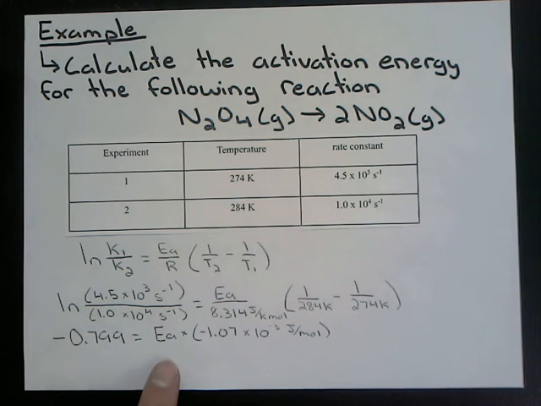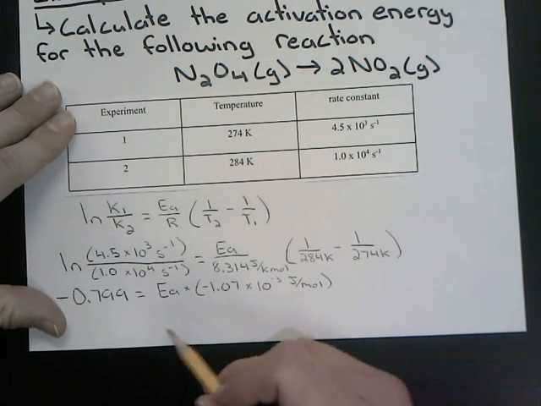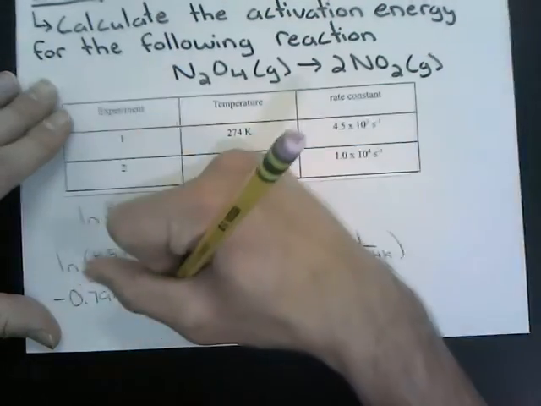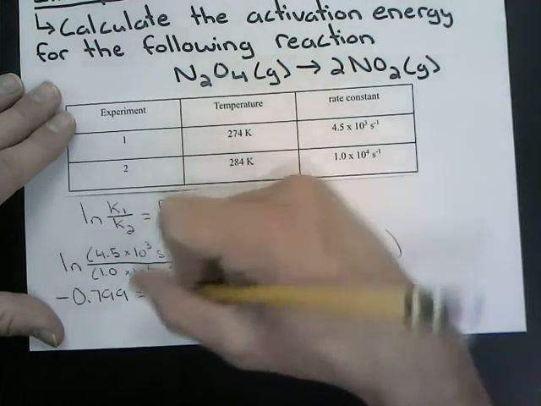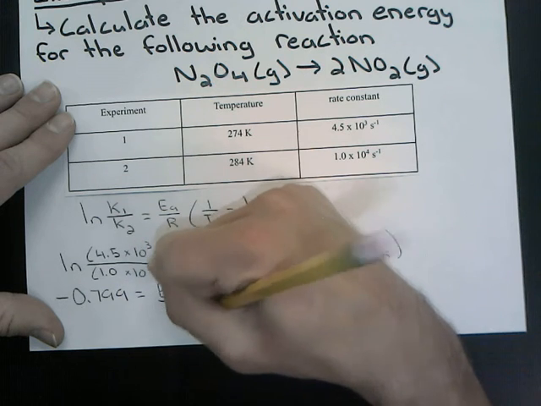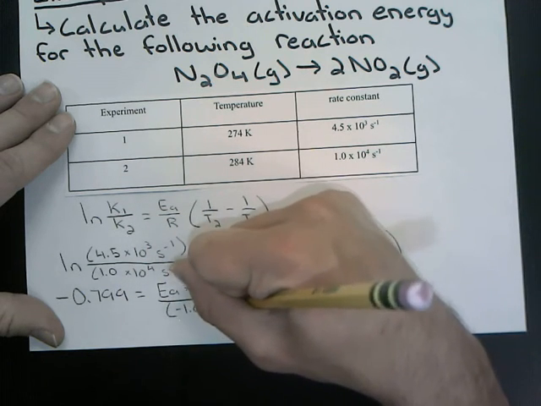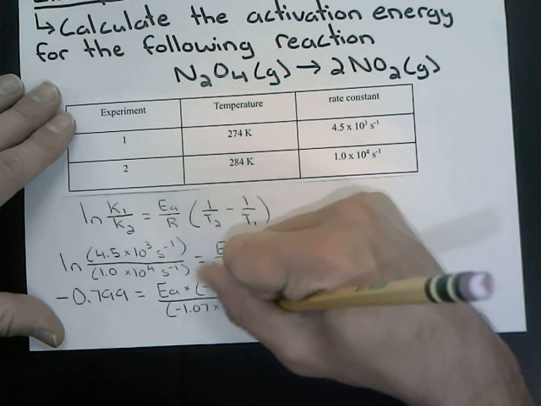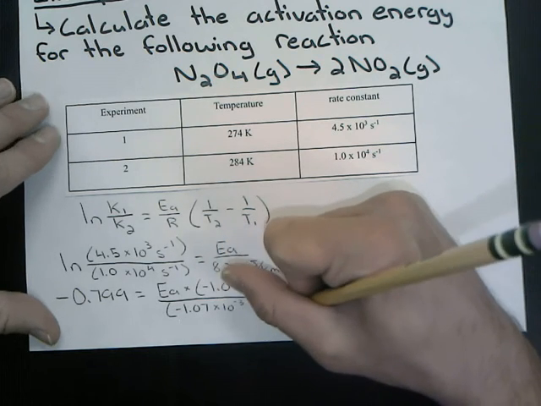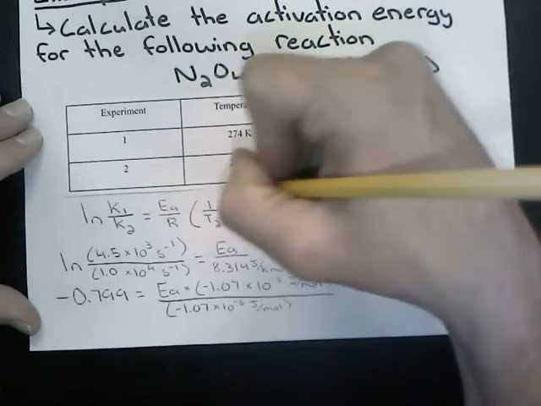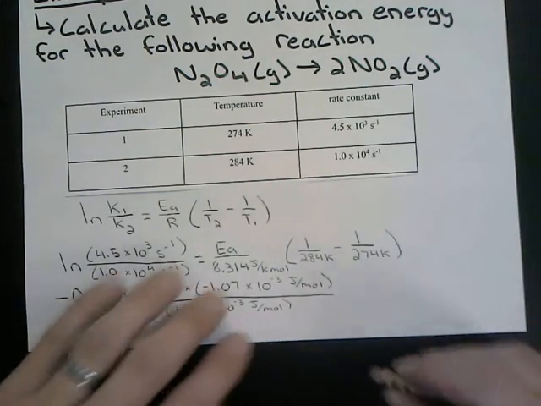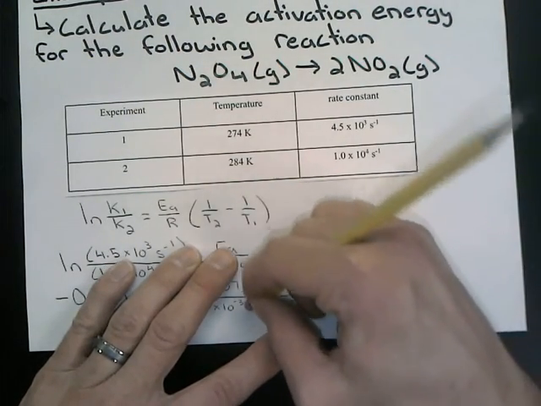Now, we need to get activation energy by itself. So what we end up doing is dividing everything that is attached to our activation energy. All we're going to do here is divide both sides by negative 1.07 times 10 to the negative third. And I'm sorry, I should have reversed that.